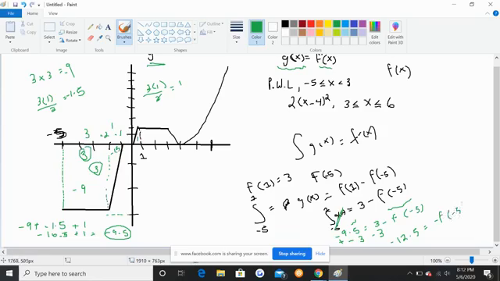And now, to get rid of this negative in front of the f of negative 5, we just multiply it by negative 1, which means we have to do it here too. Multiply it by negative 1. So the negative 12.5 just becomes a positive 12.5, and this is f of negative 5.